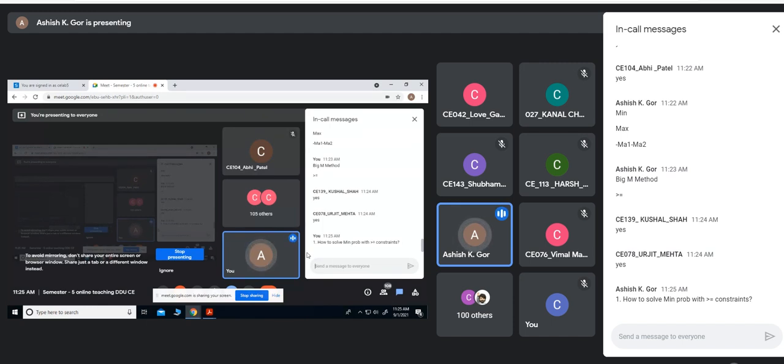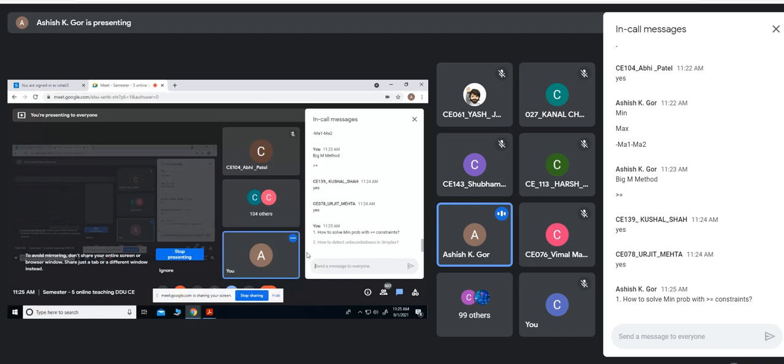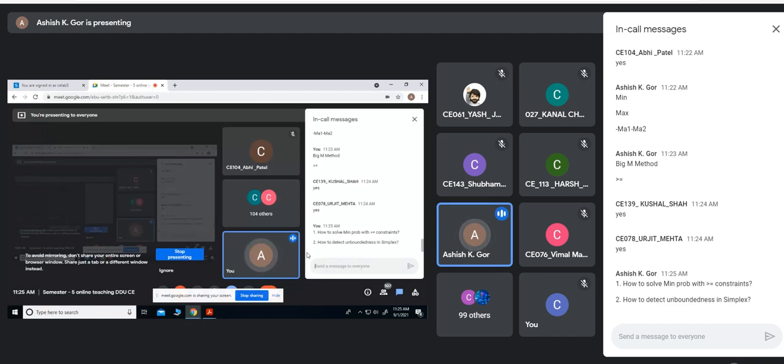But I will address the second question: how to detect unboundedness in Simplex. Till now, whatever problems we have seen all have some sort of solution. Then how to detect an unbounded linear program?